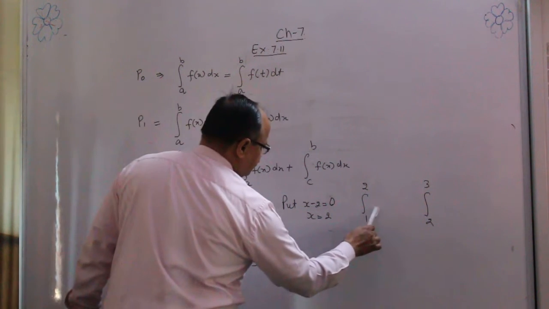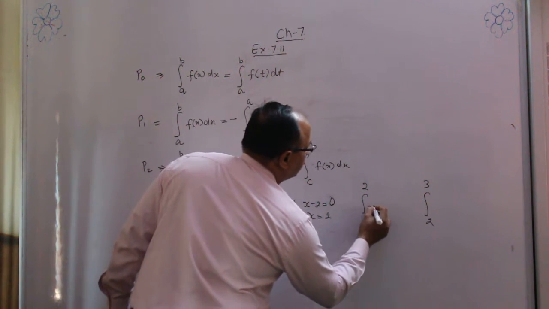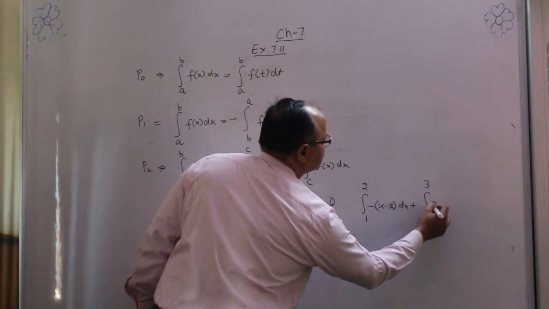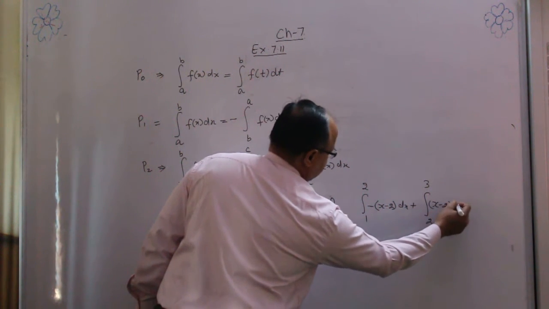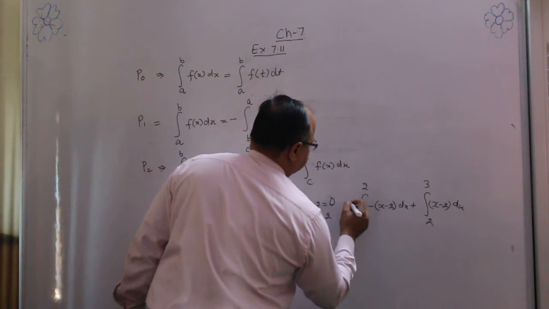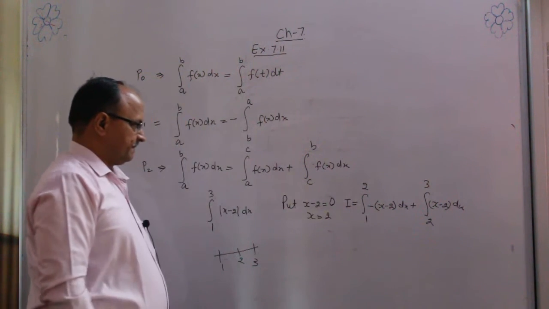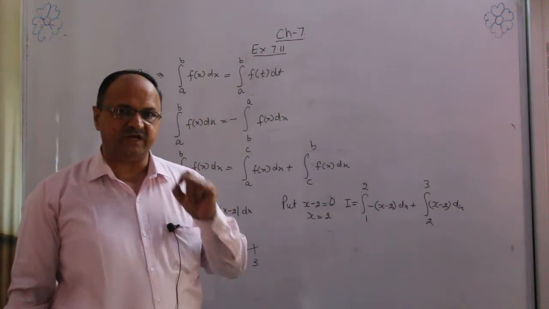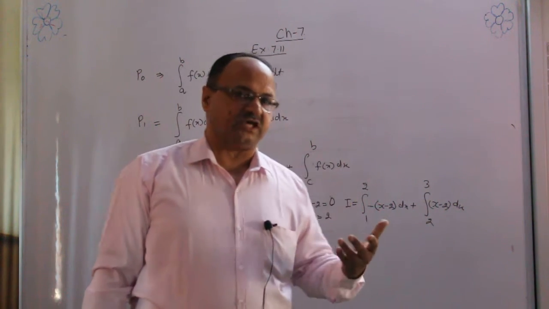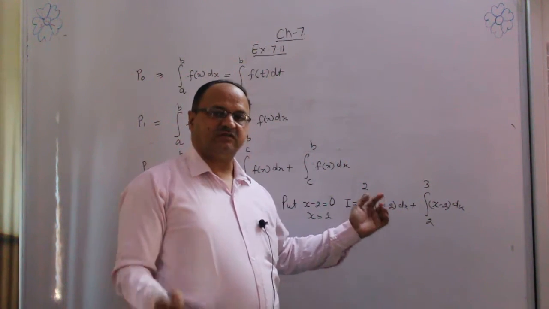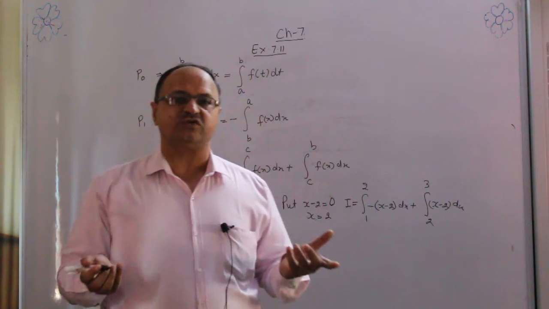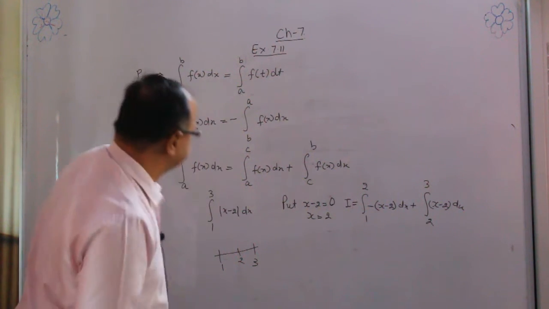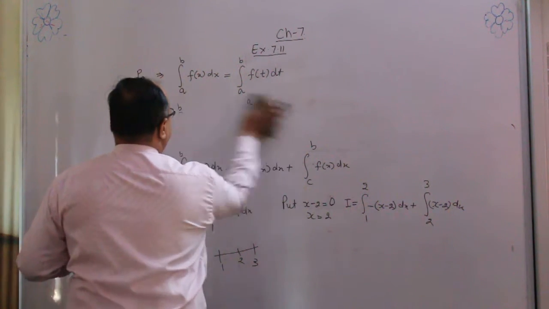Now, on the left hand side you put the negative of the function, and on the right hand side you put the positive of the function. Clear? For the simple question, you can solve yourself: integration of x is x square by 2, and integration of 2 is 2x. Clear? This is property number second.